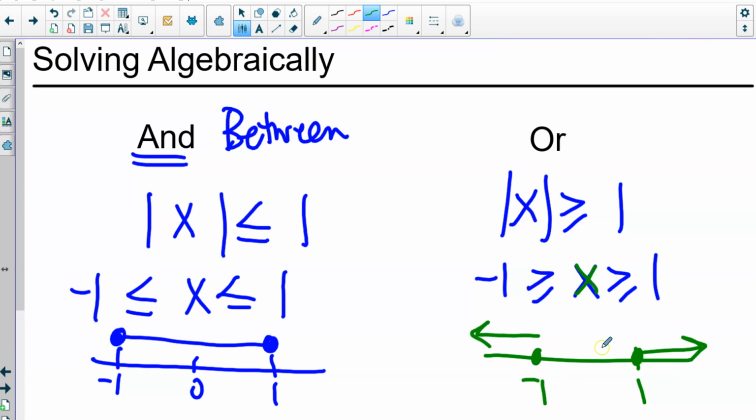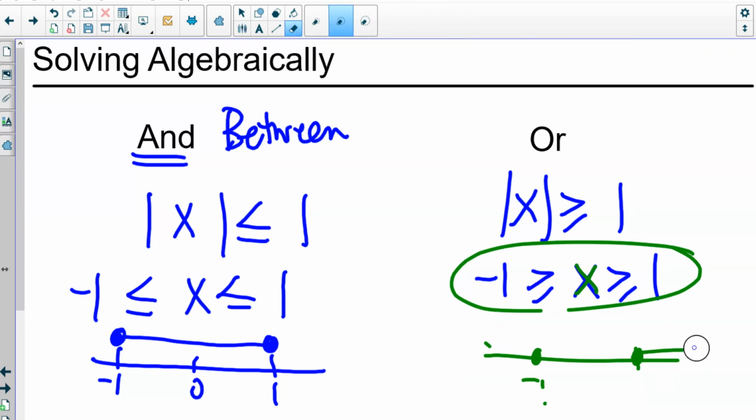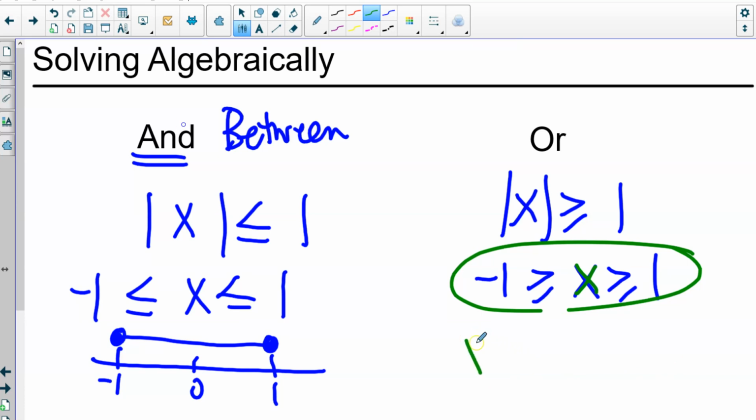This value of x is not between two numbers, it's either one or the other. So writing it as a compound inequality like this is incorrect. You have to write it as an or statement by saying x is either greater than or equal to 1 or x is less than or equal to negative 1.